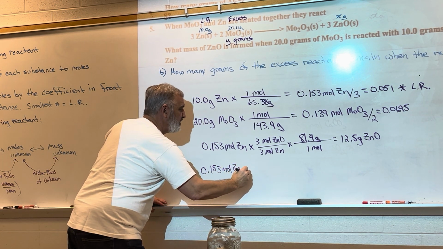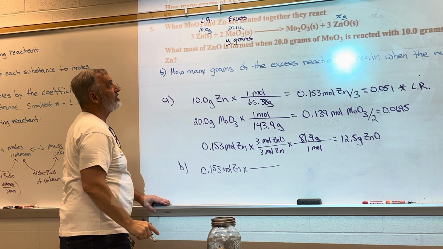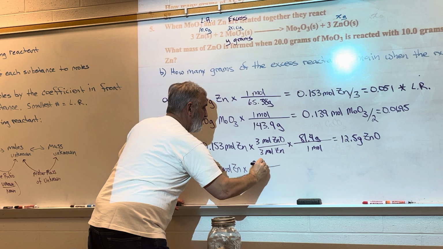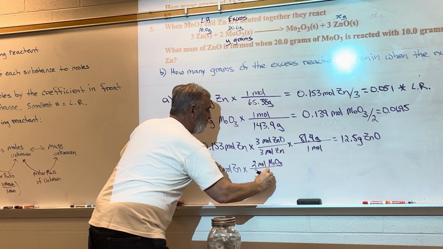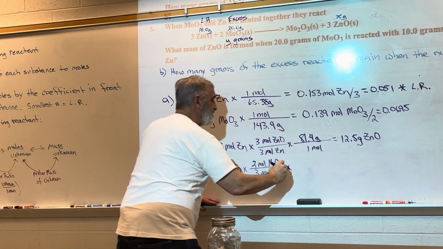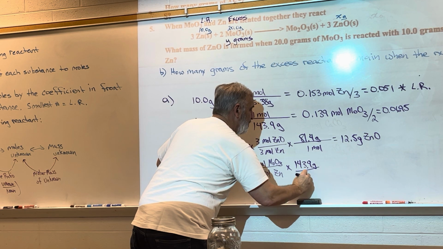Now what's the mole ratio between the zinc and the MoO3? It's going to be 2 moles of MoO3 for every 3 moles of zinc. And then I need to go to grams. I already know the molar mass. It's 143.9 grams over 1 mole.